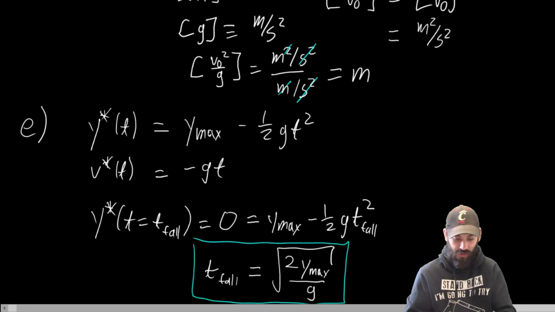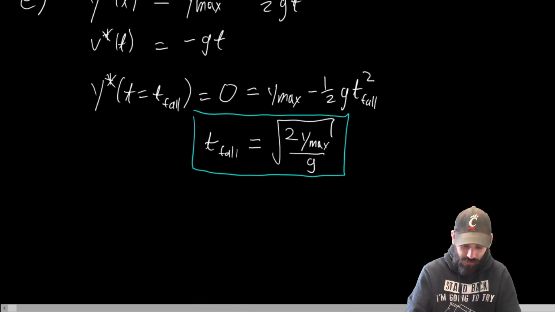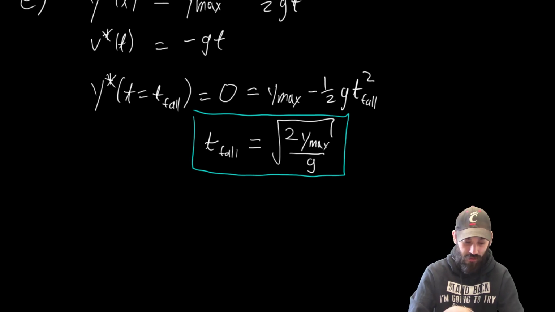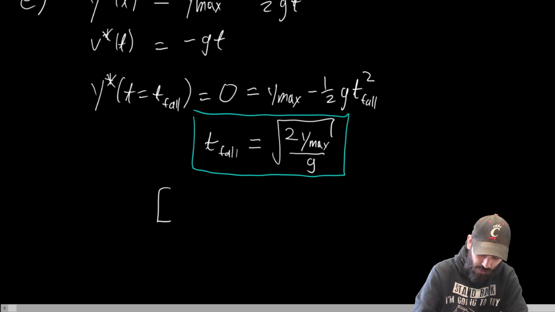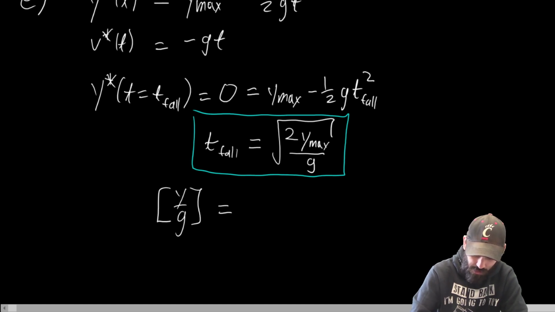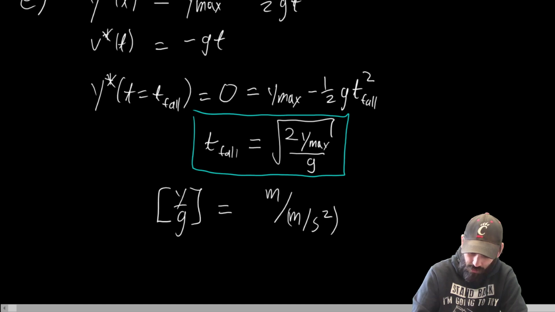Okay, so let's use our tool. What are the units of y over g? These are going to be units of meters divided by meters per second squared. This is the same thing as meters times seconds squared over meters.